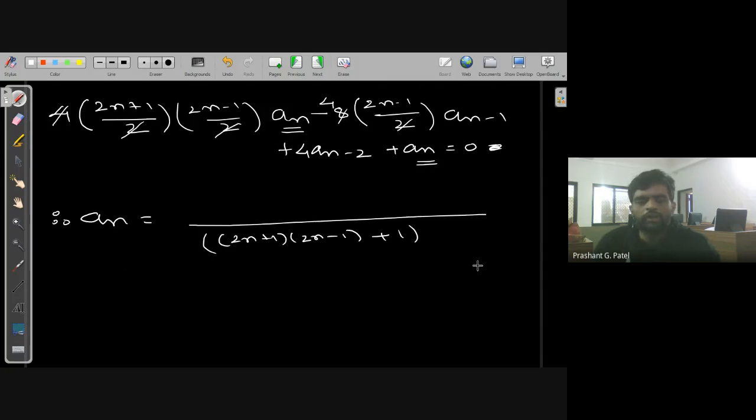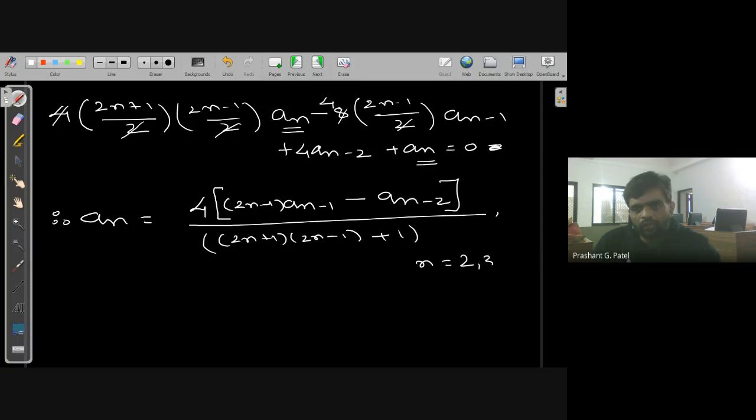And in the numerator, 4 will be common from both of them, and here it is 2n minus 1 an minus 1, which is of course plus sign because it's minus, and this will be of negative sign, minus an minus 2. And this equation will be true for n running from 2, 3, 4 and so on.